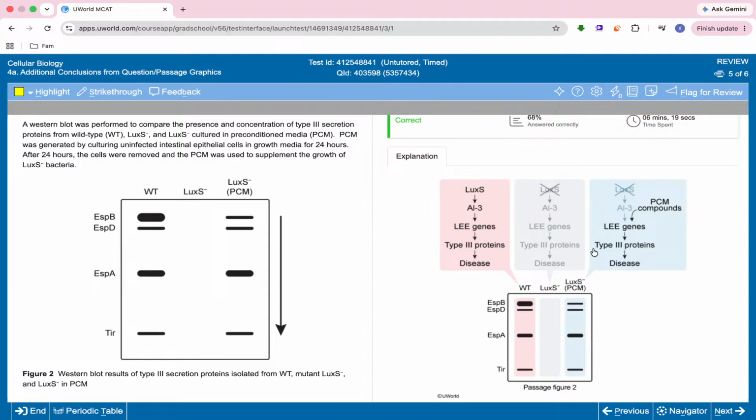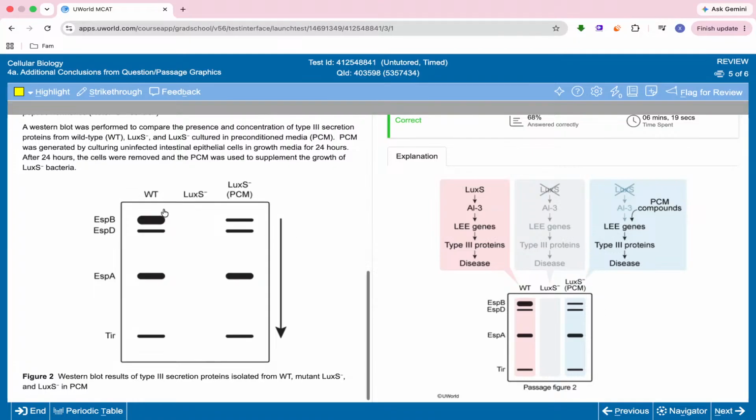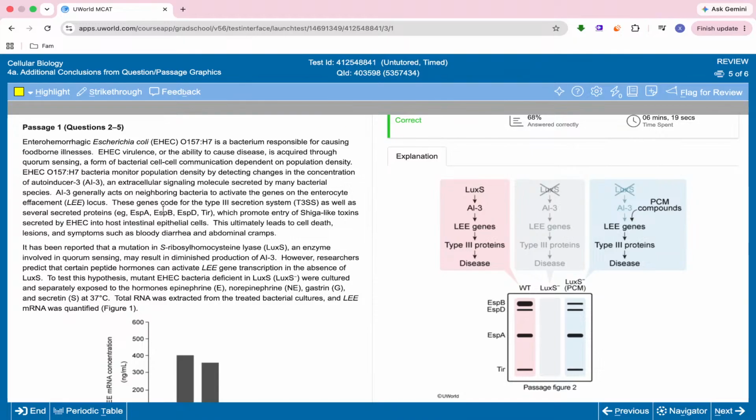Oh, because wild type was positive lux, like it had the lux. TIR, what is TIR? Oh yeah, TIR was one of the secreted proteins.